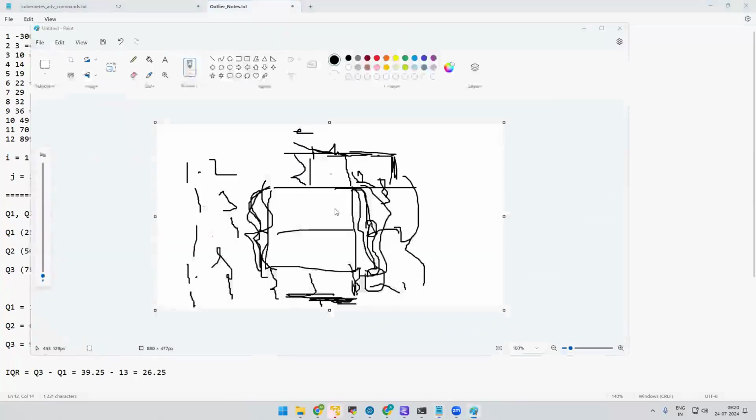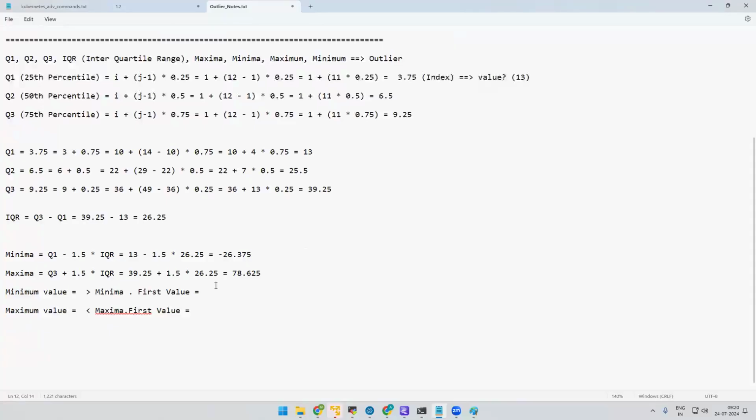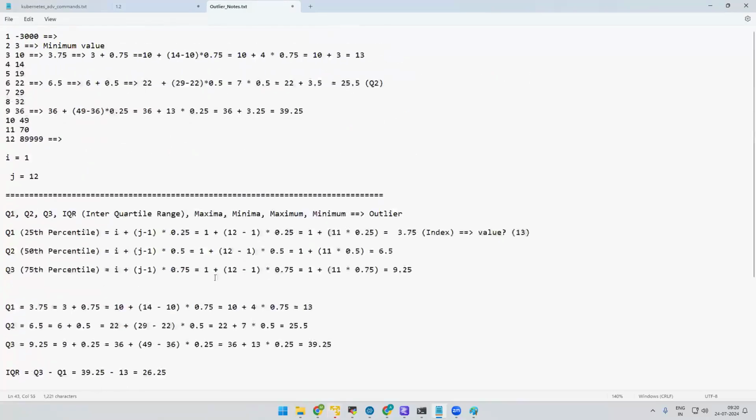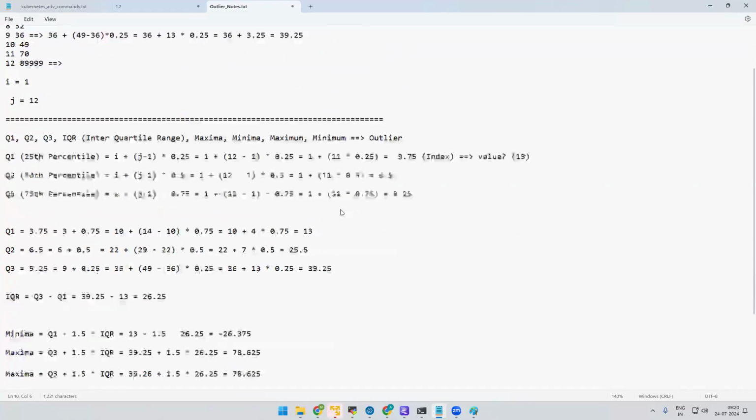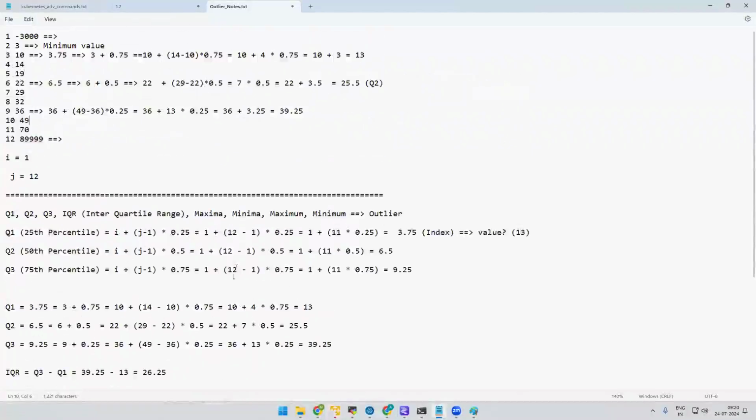Now the maximum value is the first value from the bottom that is less than this value, I mean in descending order. 49, 78.625, less than that. Oh, sorry, 70.